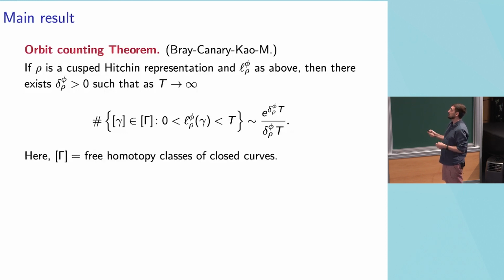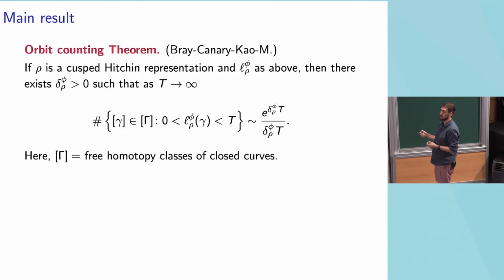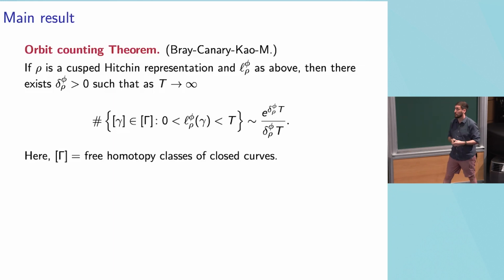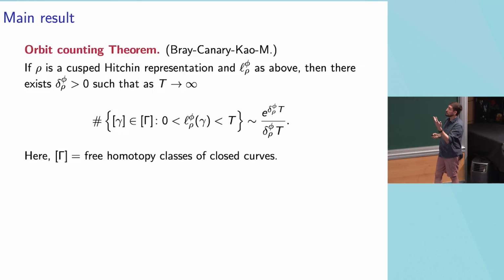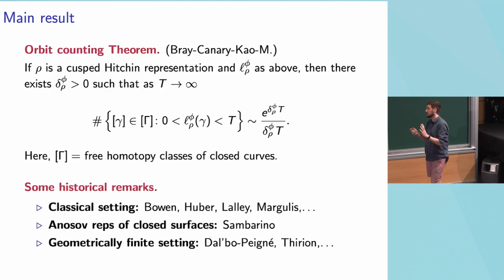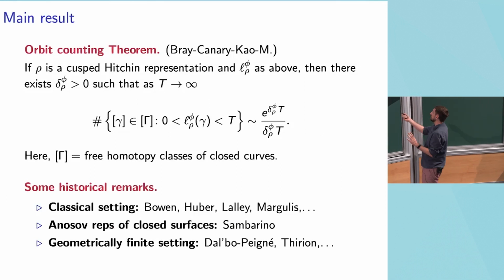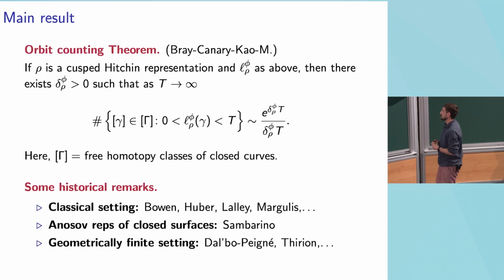And this set, as t goes to infinity, grows precisely like e to the delta t over delta t for some positive number delta that we prove exists. So this orbit counting theorem has many predecessors. I'm not going to be able to cite them all.